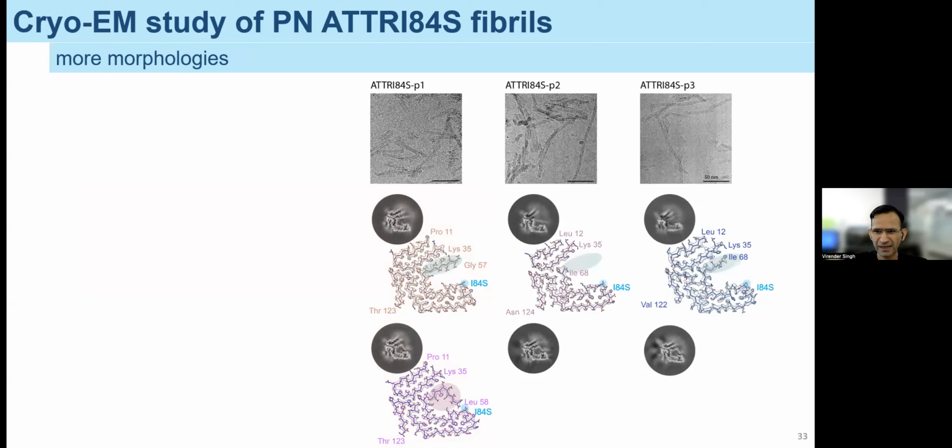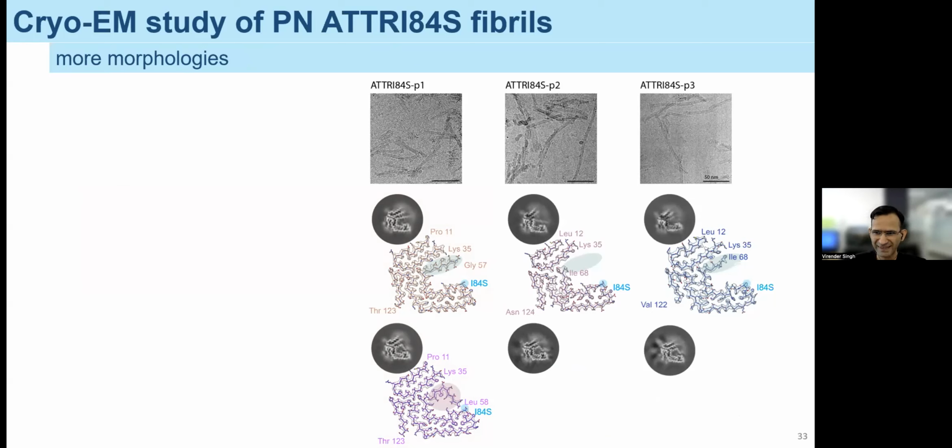Then we solved the structures for the other two patients as well, and we observed a consistent closed conformation for those two other patients as well. But the other conformation, or the polymorph, which was present was slightly different from the one which we observed in patient 1.